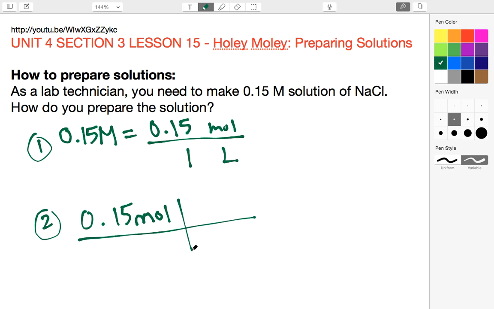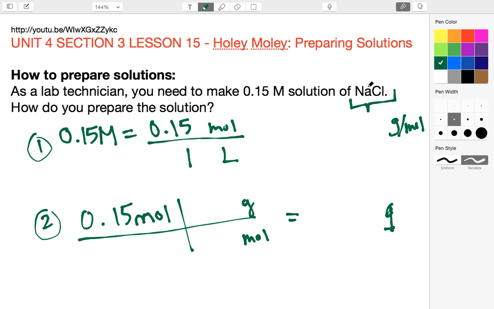Right, so I'm looking for grams and I'm given moles. In order to figure that out, I need my moles to cancel out and to find grams, grams over moles. Hey, that looks like a familiar unit. It's actually the molar mass, right? So I need to find the molar mass of NaCl.